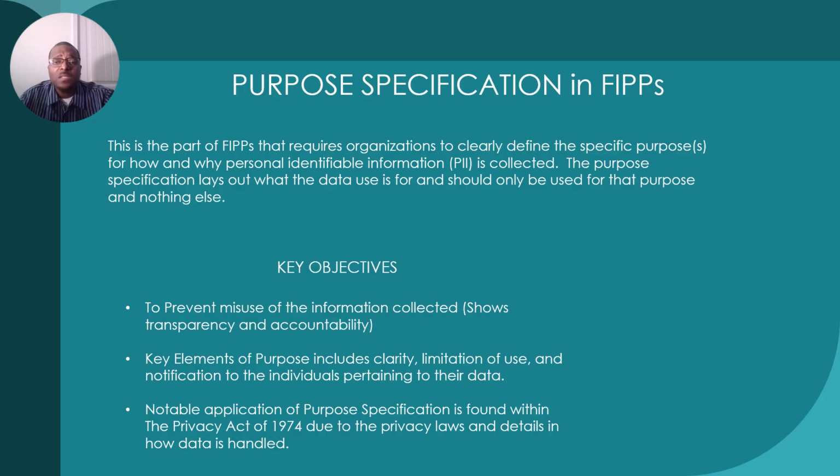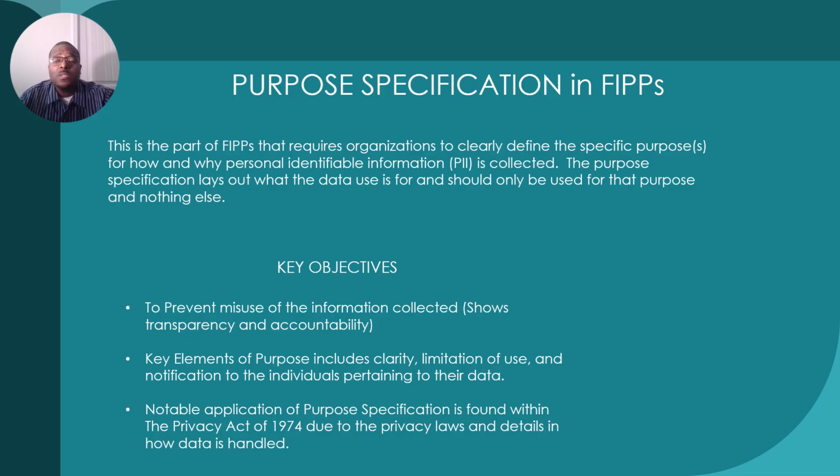Purpose specification in FIPS. This is the part of the Fair Information Practice Principles that gives a reason of how and why personal identifiable information is being used. The key objectives include the prevention of misuse of the data that's collected.